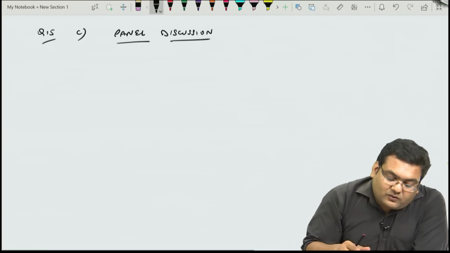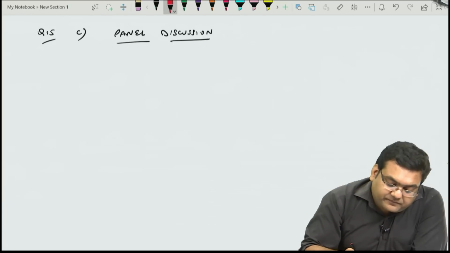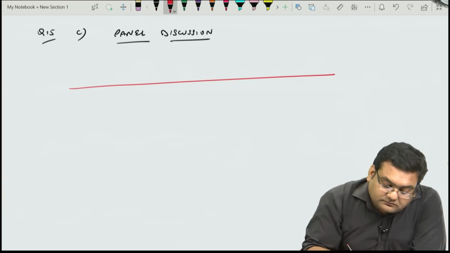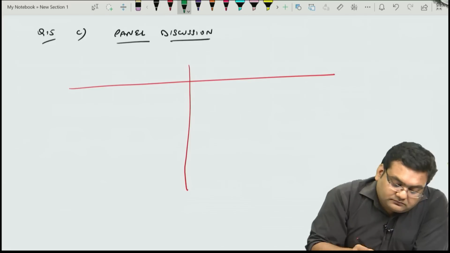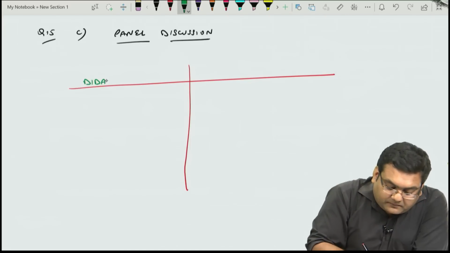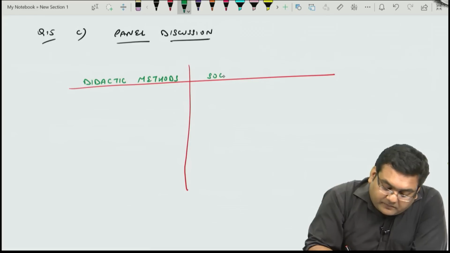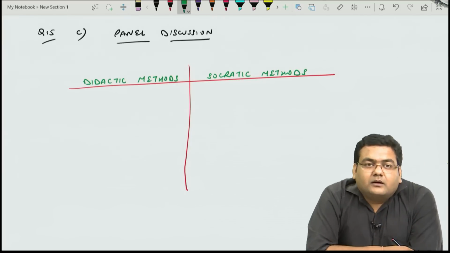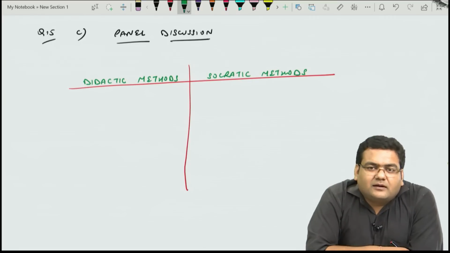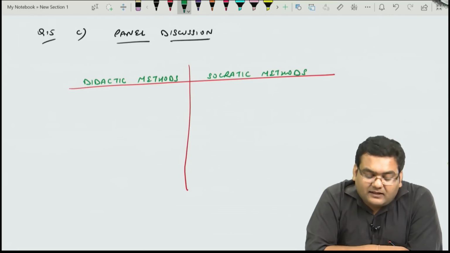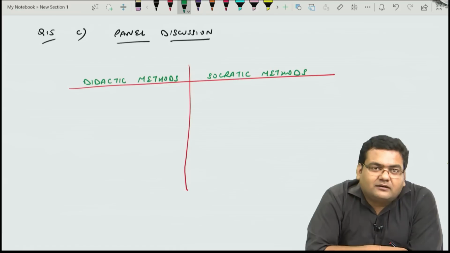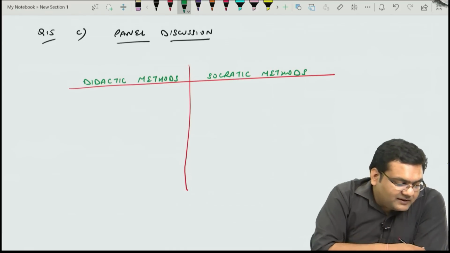Now let us try to answer this question. There are two types of teaching learning methods described. One is didactic and the other is Socratic. What does the didactic method mean?